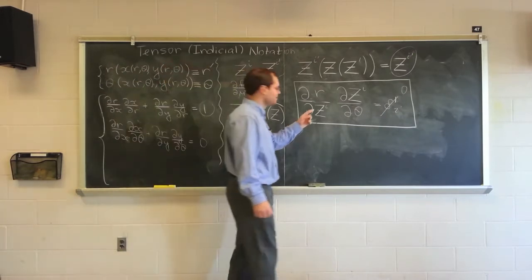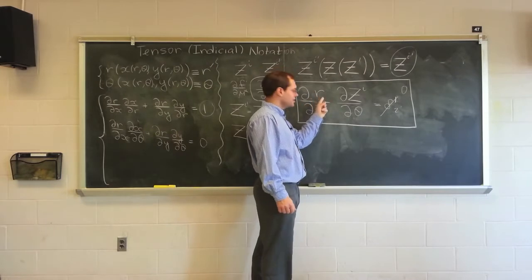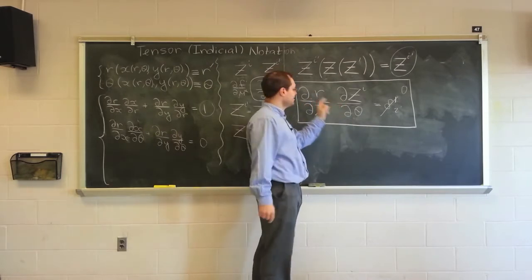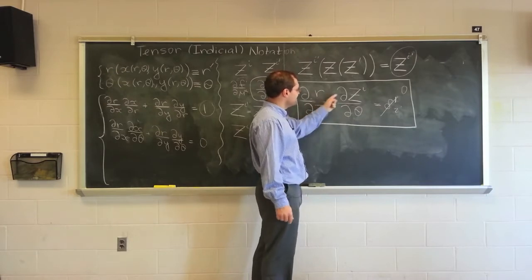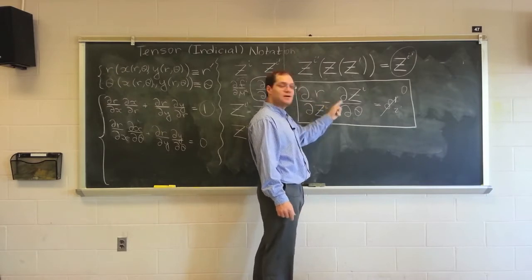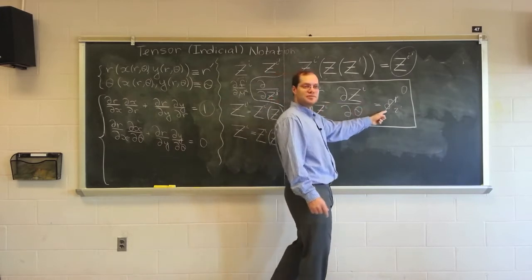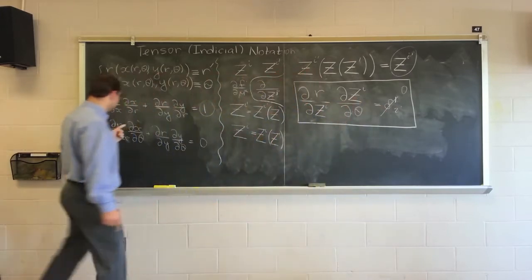Let me do it again. What this is saying is dr dx, dx d theta. Oh, that's what I was saying wrong. Okay. dr dx, dx d theta, plus dr dy, dy d theta, plus dr dz, dz d theta equals 0. And that's basically what this is saying.